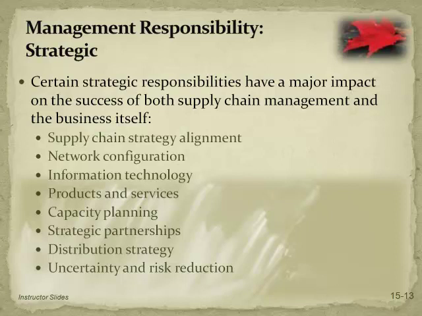As we go through this, the alignment of the supply chain means that the design of the supply chain needs to be aligned with our corporate objectives. If our corporate objective is to be a low-cost producer, our supply chain has to be designed such that it is going to yield a low cost. Then there is the configuration of the supply chain network, where each company in the supply chain represents a node on the network.